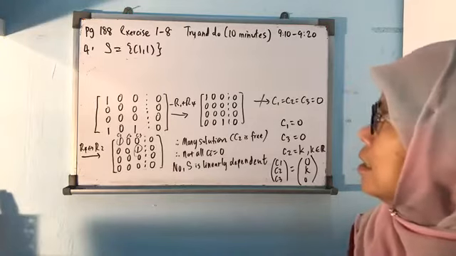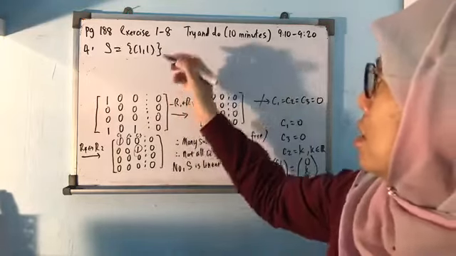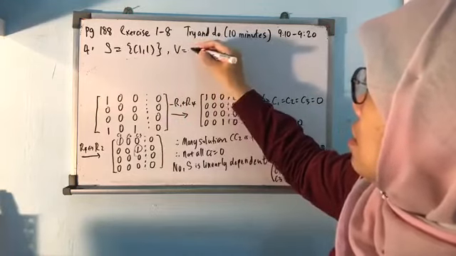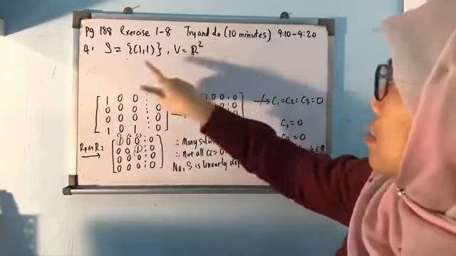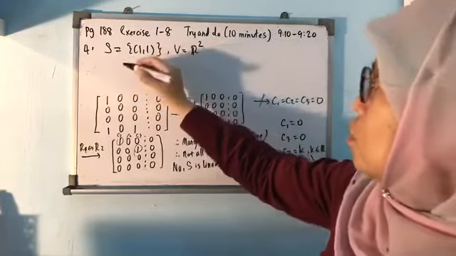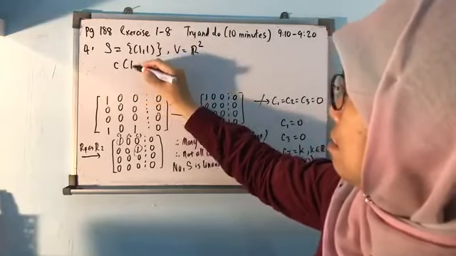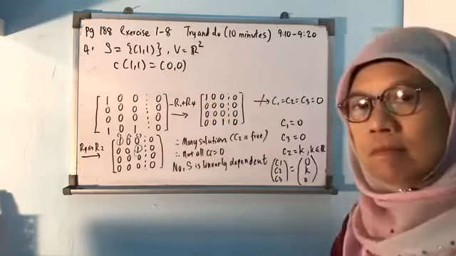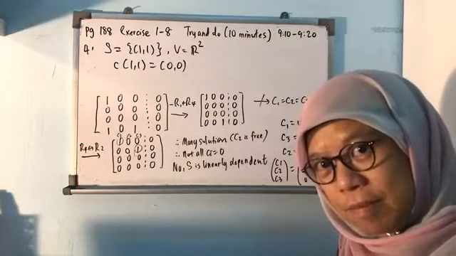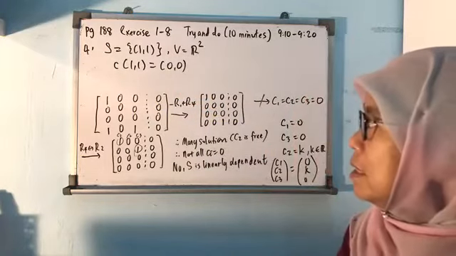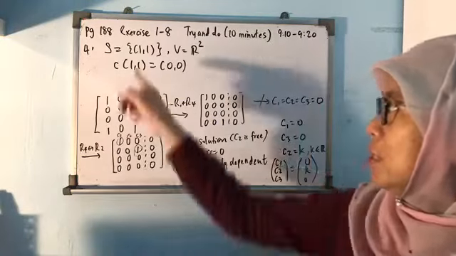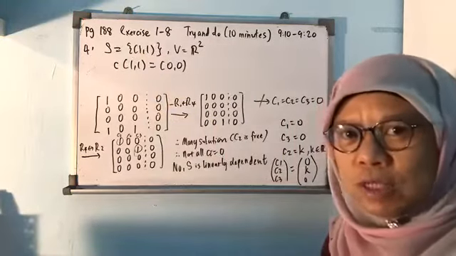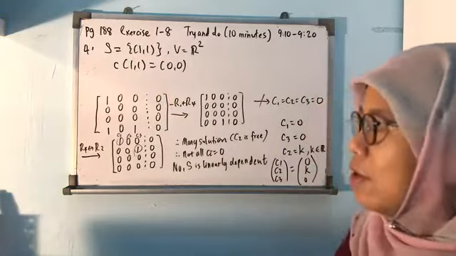Now, same also, V is R2, because there are 2 components. So you just multiply by C. Because there is only one, there is no C1, C2, and solve.